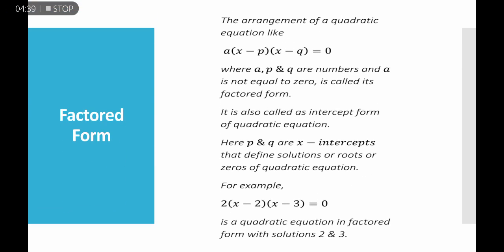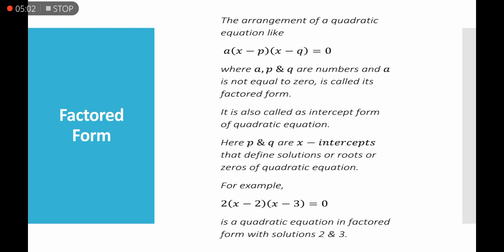Factored form. The arrangement of a quadratic equation like a into x minus p into x minus q is equal to 0, where a, p and q are numbers and a is not equal to 0, is called its factored form. It is also called intercept form of quadratic equation.